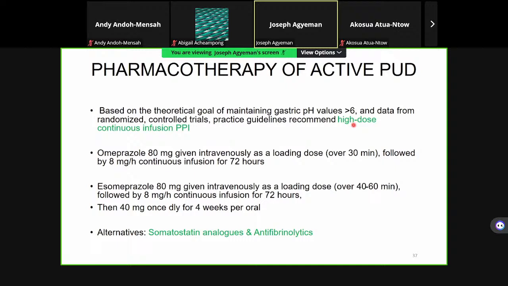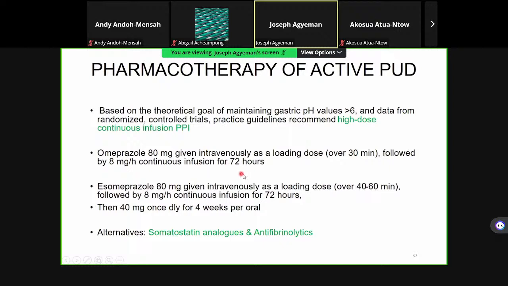PPIs. So, for example, at the ward, normally they do it on an intermittent basis, maybe 40 milligram BD the first day, and they change it. But preferably, the recommended regimen is to use either omeprazole or esomeprazole as an example of the injectable PPIs, 80 milligram IV as a loading dose, roughly over 30 minutes, after which you do 8 milligram per hour for 72 hours.